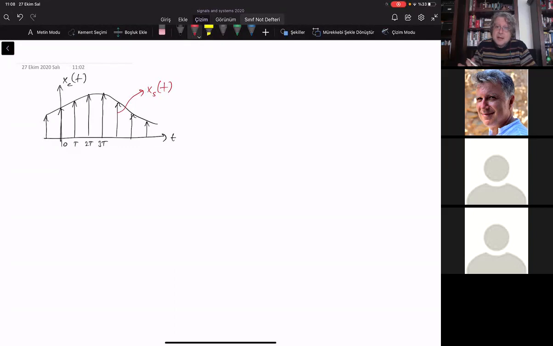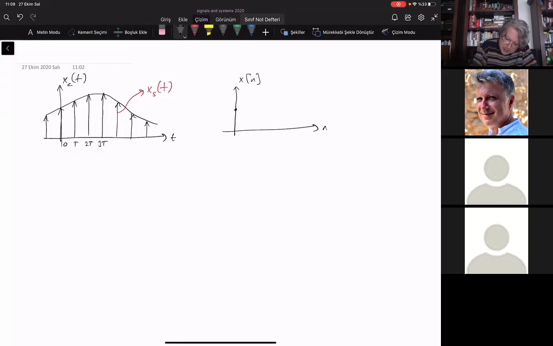So the axis here is still t. But afterwards, these samples will be stacked along an integer axis, an n axis, and the value at 0 will be the value at 0 in n, but the value at capital T, that impulse magnitude, will appear as a number at 1. And 2T will be 2, 3T will be 3 along the n axis, where we are going to denote everything as x of n on the axis of n.